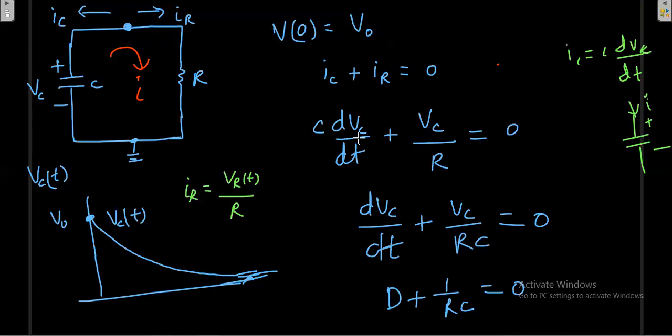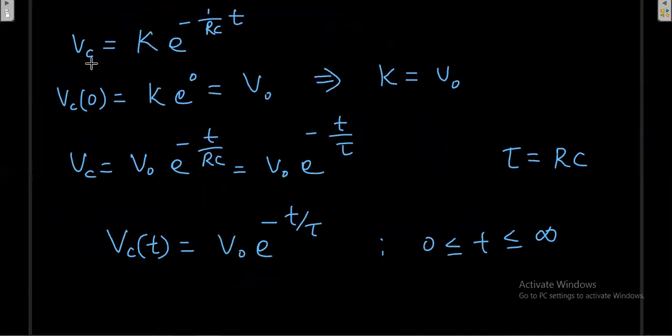Then dVc by dt, this C can come down, that is Vc by RC. Then you can write in differential format, that is D plus 1 by RC. Once it is D plus 1 by RC, then what is the equation? Vc we can write with some constant K e power minus 1 by RC into t. At the initial stage, at the time of switching, when t is 0, Vc(0) is K e power 0, which is equal to V naught, the initial voltage across the capacitor.